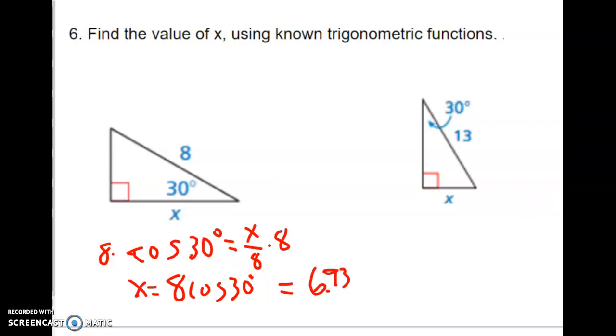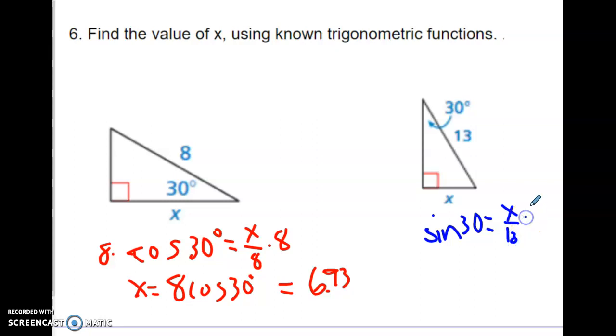Okay, the next example, we are looking for x this time over here, and we have this 30-degree angle there. We have to think what trig function uses the opposite leg and the hypotenuse, and that is the sine. So I'm going to take the sine of 30 equals the opposite divided by the hypotenuse.